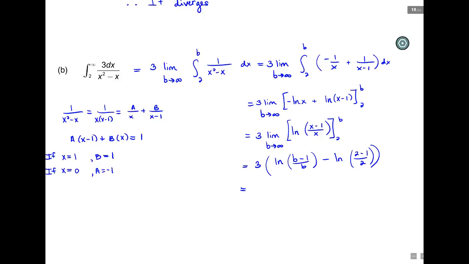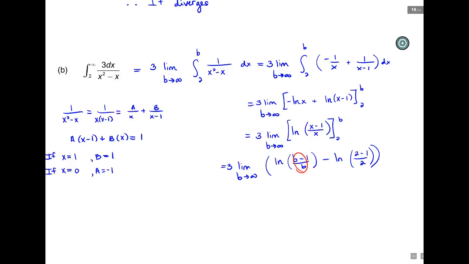So this, oops, somehow I lost my limit as b goes to infinity. So here if we take a look, it has the same degree at the top and the bottom. So we think of what happens here as b goes to infinity. The ratio of the leading coefficients goes to 1.